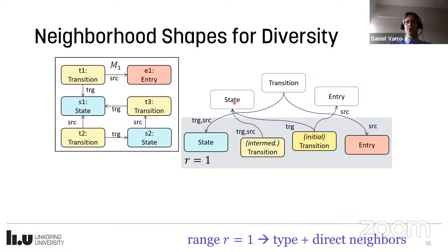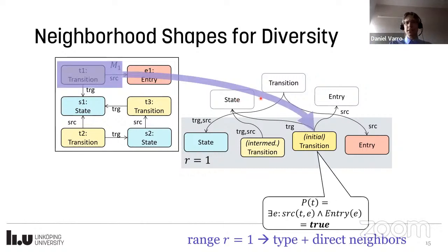We derive subclasses of the class transition, which is defined in the metamodel, based upon some sort of queries.